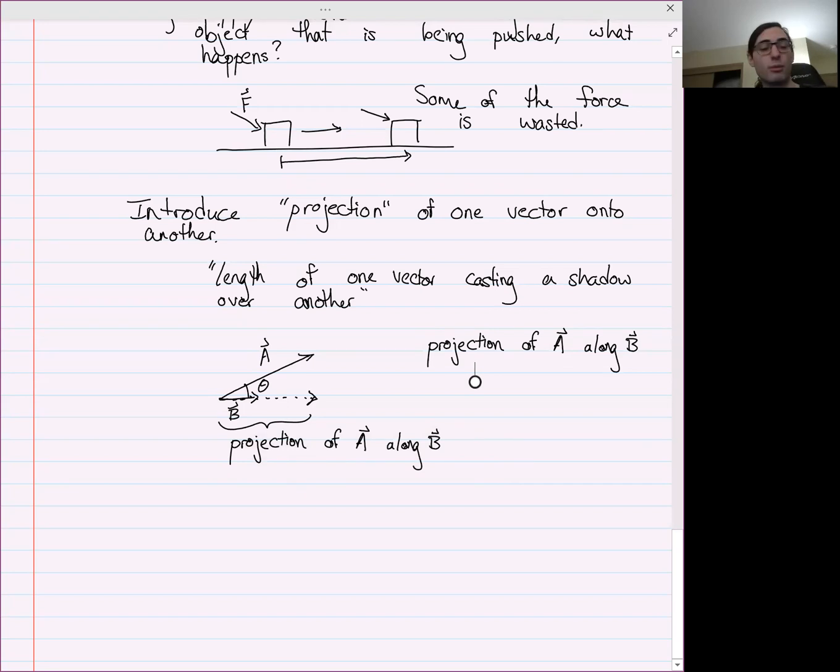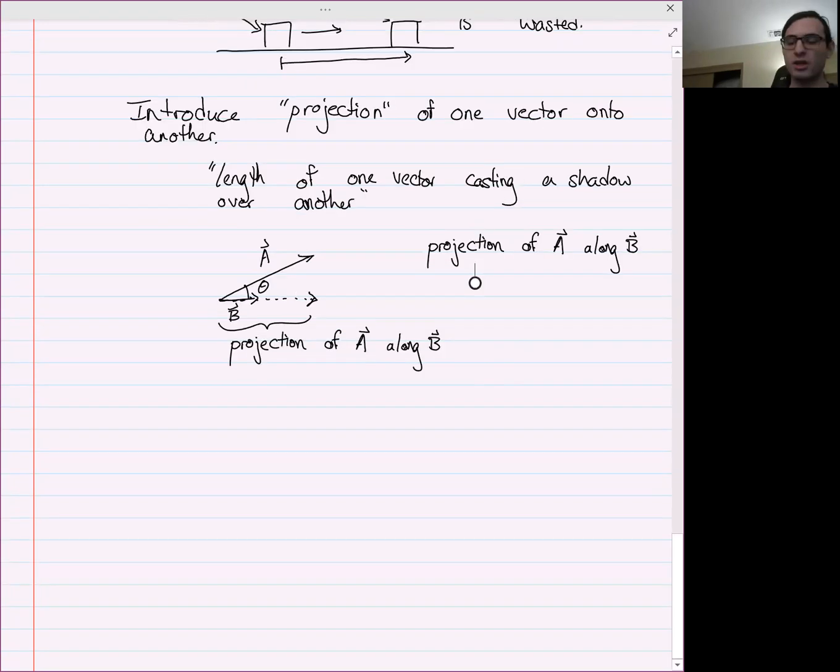Importantly, the projection is not a vector, it's a scalar. So the point is, to multiply two vectors where some of it's wasted, we can multiply the length of one vector by the projection of the other.